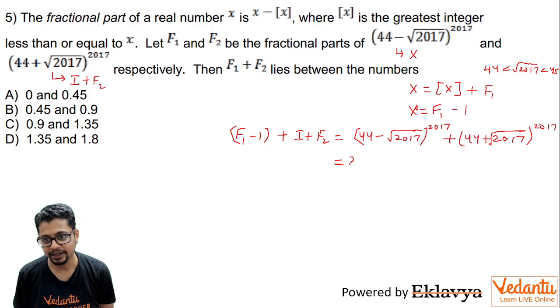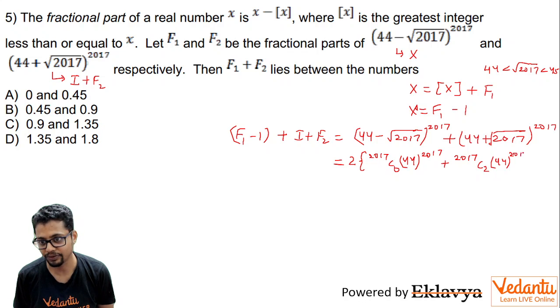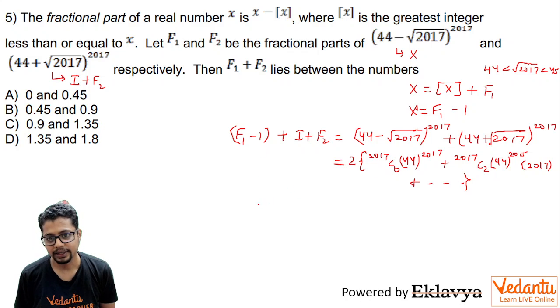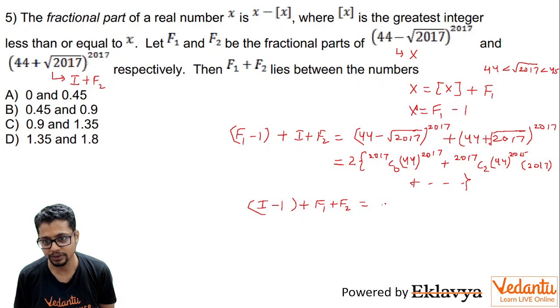So effectively you would get 2 times [2017 C0 44 to the power 2017 plus 2017 C2 44 to the power 2015 times 2017, basically root 2017 whole square], plus so on and so forth. So if you see carefully, I minus 1 plus f1 plus f2 is equal to some even integer, in fact a natural number.